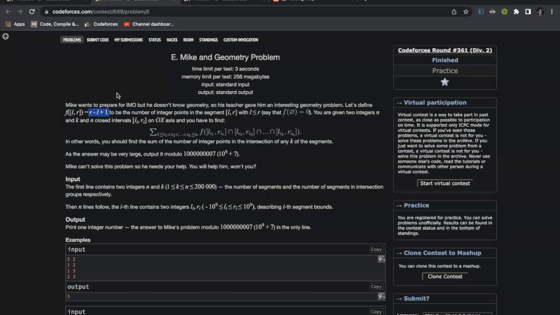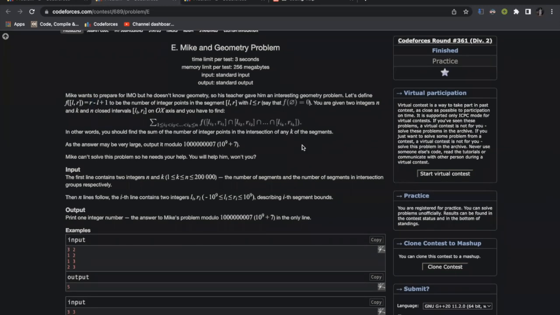The contribution was 1. So if we had a subset of intervals whose intersection was non-empty, we would simply add 1. But in this problem, if the intersection is non-empty, then we will add the length of that intersection to our answer. That is the only difference between the previous problem and this problem. Rest, everything is exactly the same.